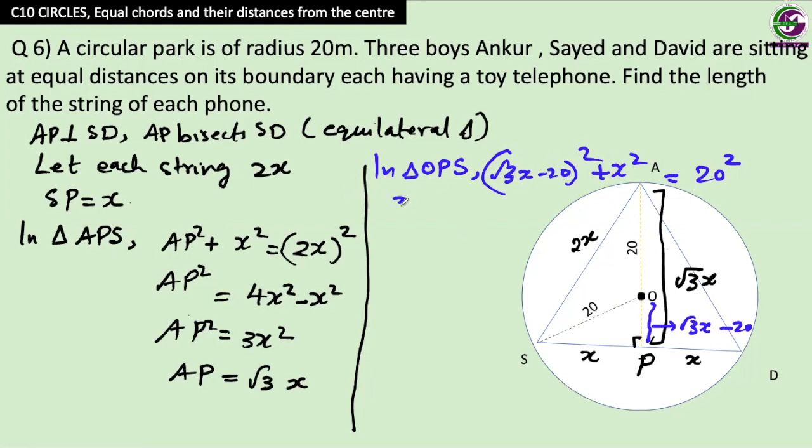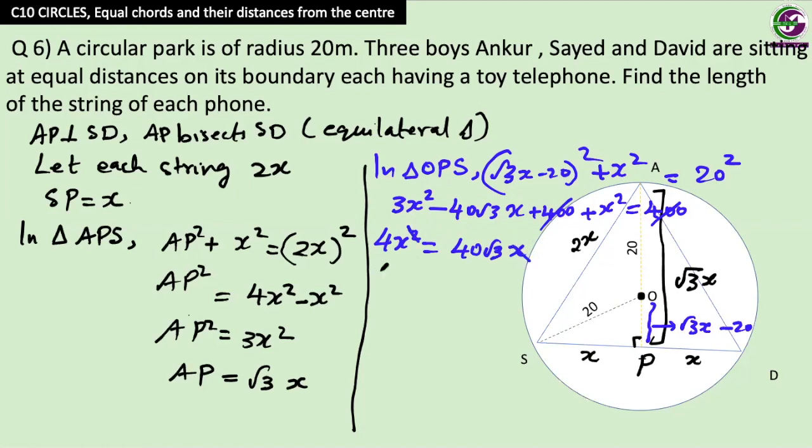Root 3x square is 3x square because root 3 gets cancelled, minus 2 times 20 times root 3, which is 40 root 3 x, plus 400 plus x square is equal to 400. 400 and 400 get cancelled. 3x square plus x square is 4x square is equal to 40 root 3x because negative 40 root 3 will be positive 40 root 3.